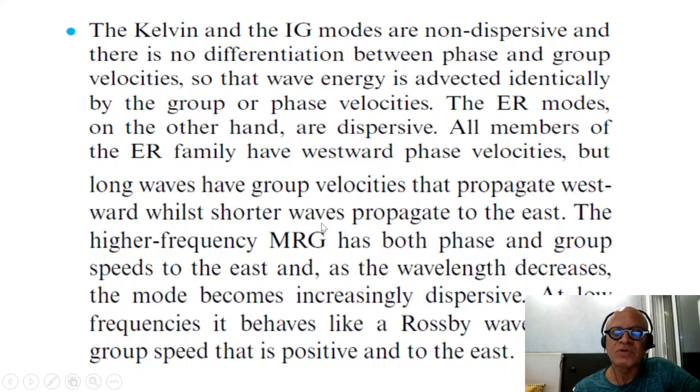We invoked this when we did the reflection from the eastern and western boundaries in the ocean, for example. The higher frequency mixed Rossby gravity wave has both phase and group speeds to the east, behaves like a gravity wave, whereas as the wavelength decreases, the mode becomes dispersive, and at low frequencies it becomes like a Rossby wave with group speed that is positive and to the east. So that's the difference. It's like a short Rossby wave because the wave numbers are high.